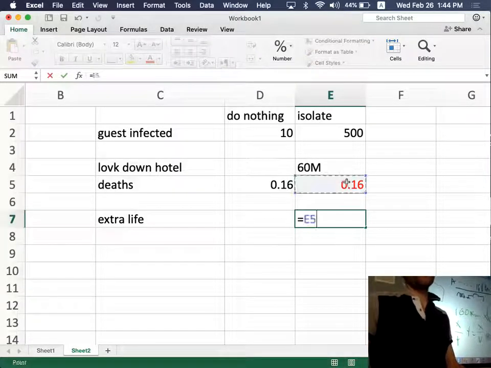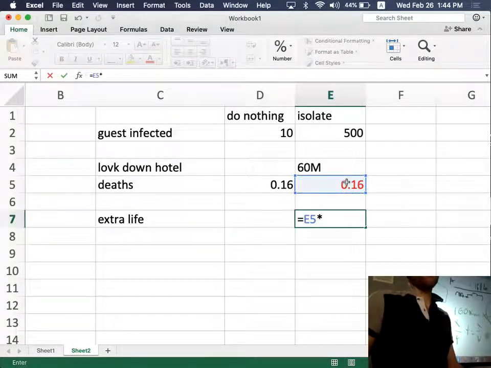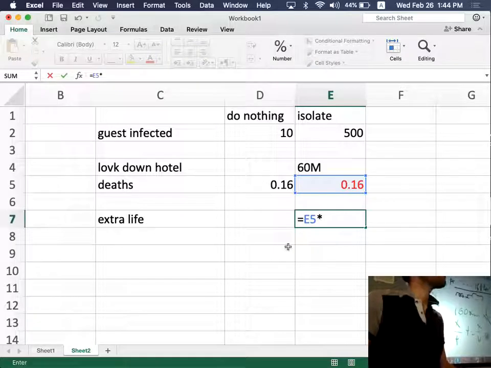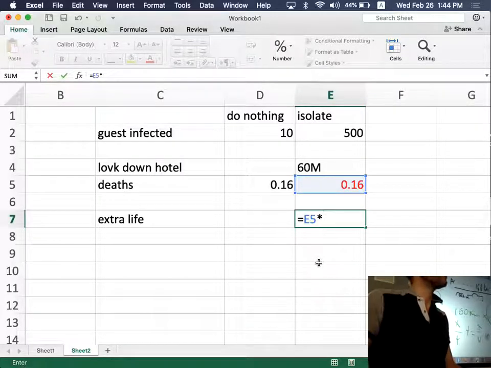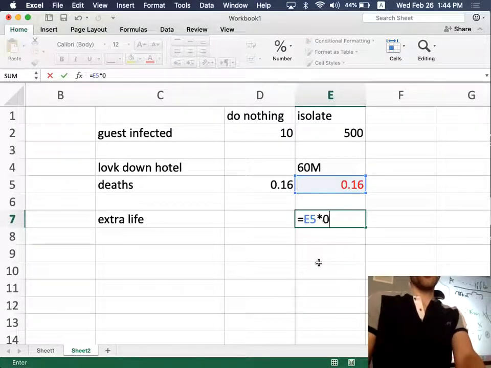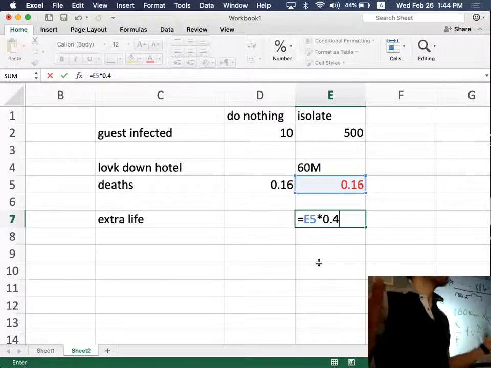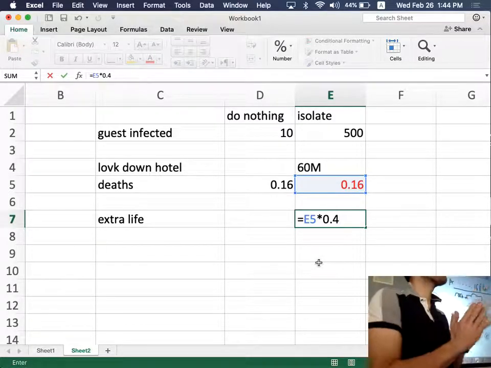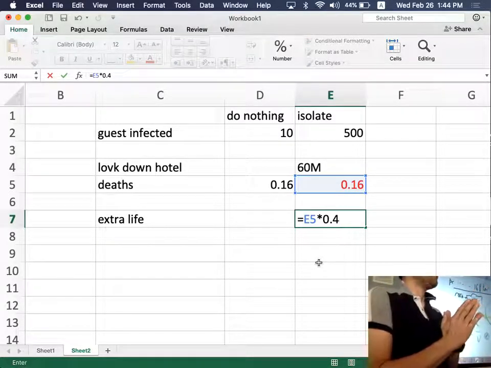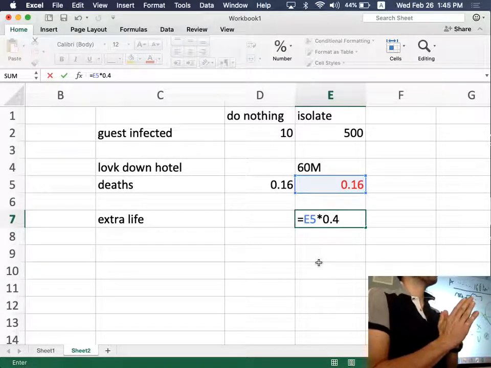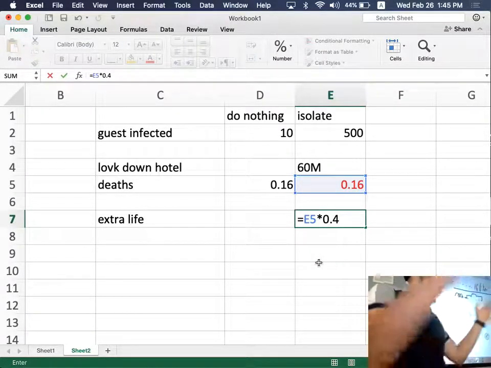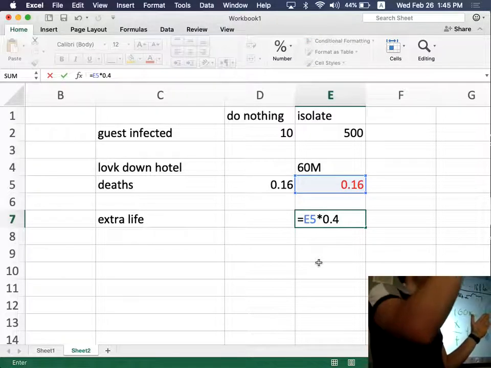It's 160,000 people multiplied by 400K, exactly. But 400K is for the lifespan of a person, and here is just 2 months. So we need to divide this 400K by all the months a person lives and allocate 2 months of that money.